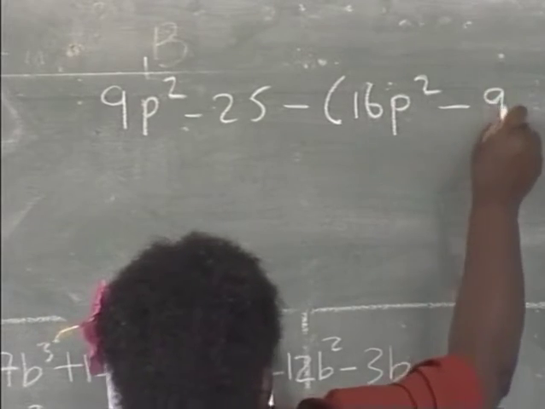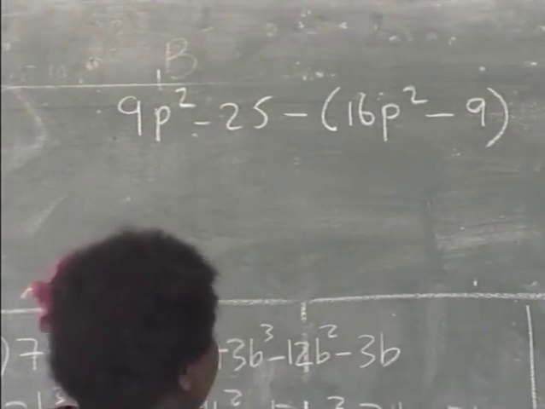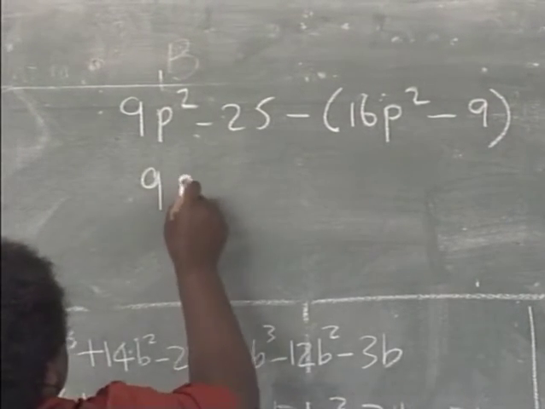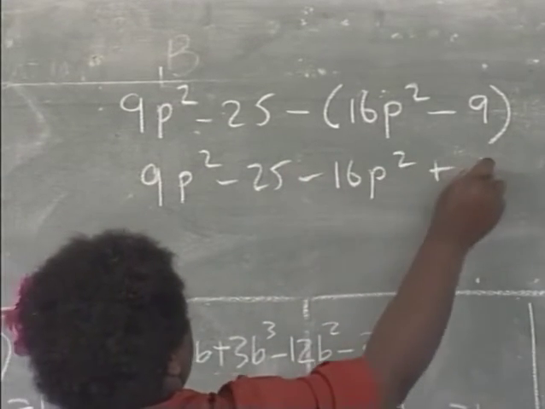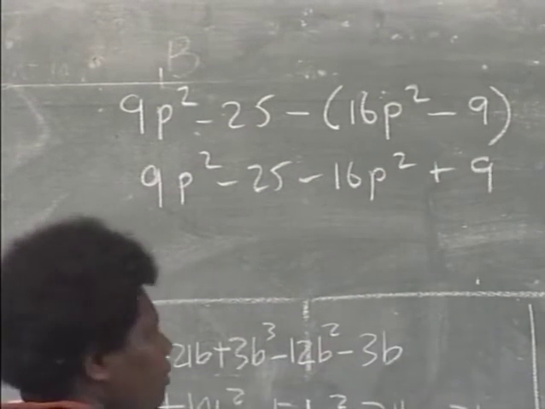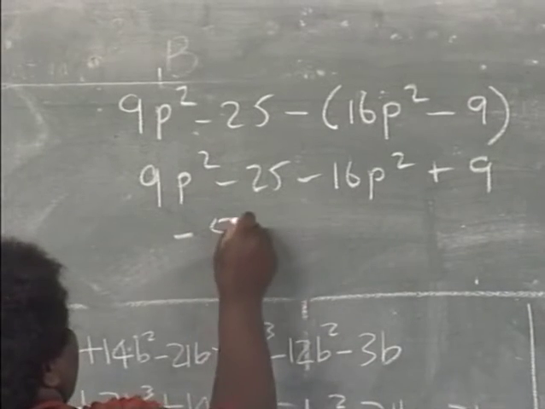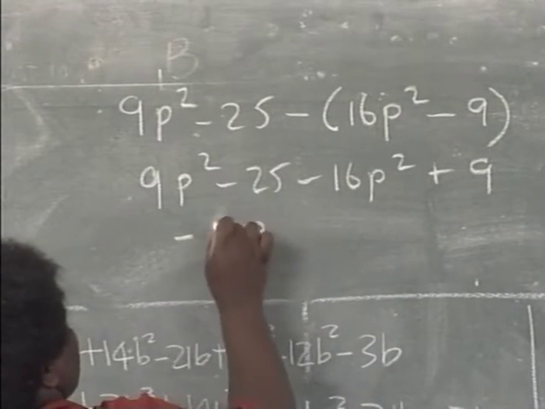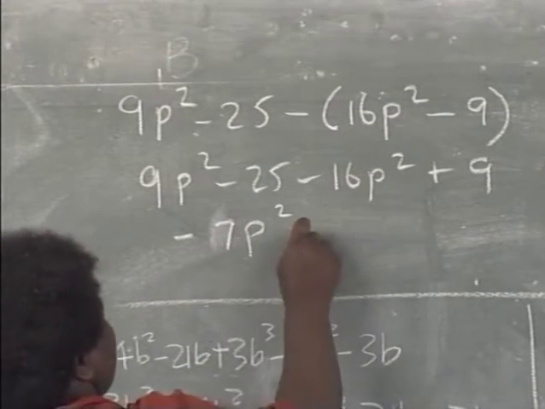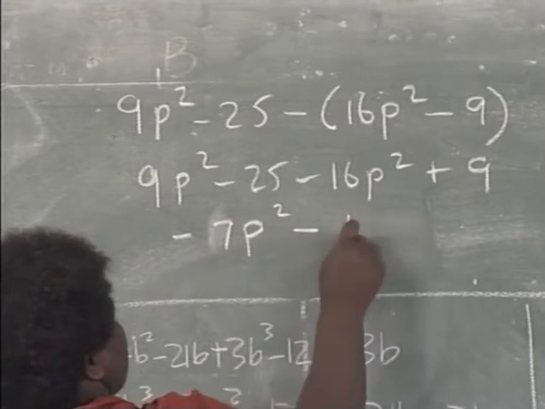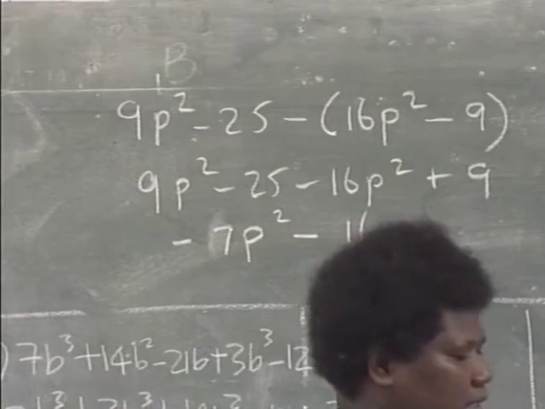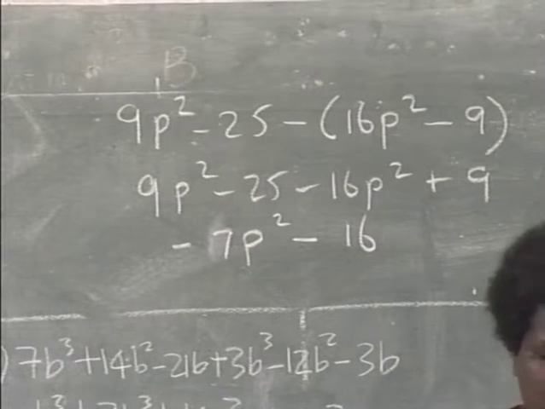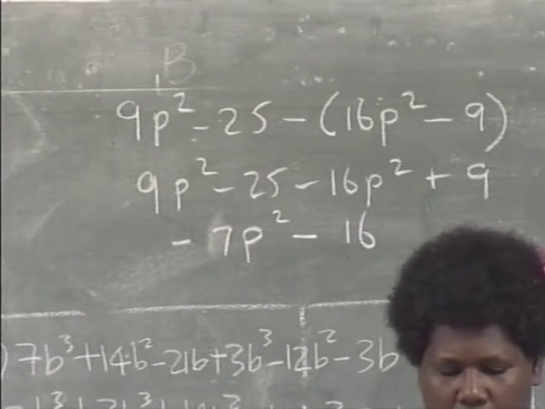Okay, I found where I made the mistake. 9p squared minus 25 minus 16p squared plus 9. The answer is actually minus 7p squared minus 16.